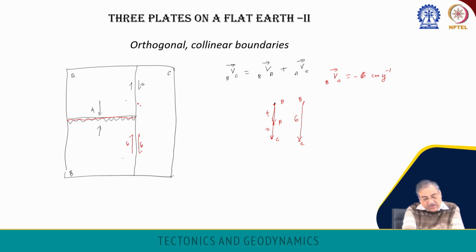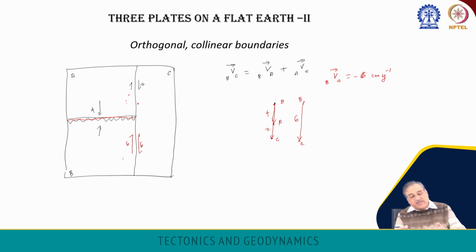So even though the way these people are moving is not actually changing the distance between them, nevertheless the velocities at which the two people will be moving on these two plates would be different. So the person here would be moving northwards at 6 centimeters per year. The person here would be moving northwards at 2 centimeters per year.